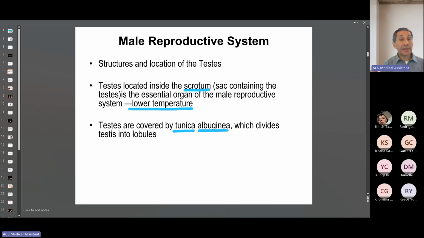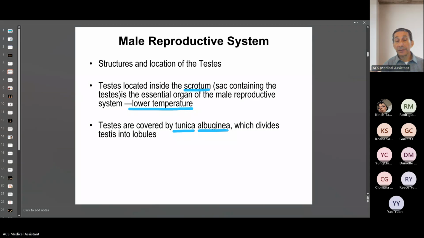So this is the membrane that the testicles are covered and protected with. That's why we have two testes, two testicles, because they are separated by this membrane, since each one of them is covered by it. They are not in one bag. They are in the scrotum, but the testes are not connected together. They are separated because they are in a different sac inside, called the tunica albuginea.